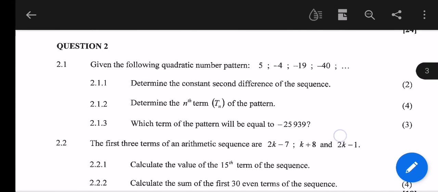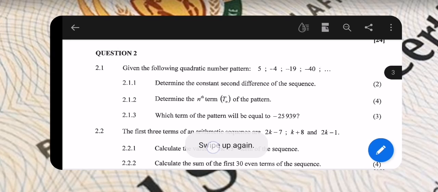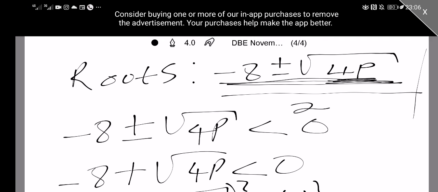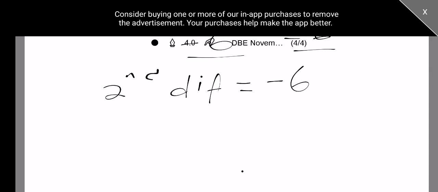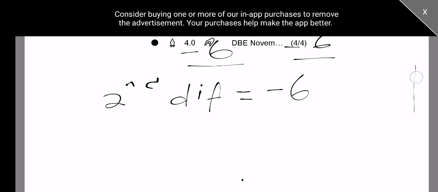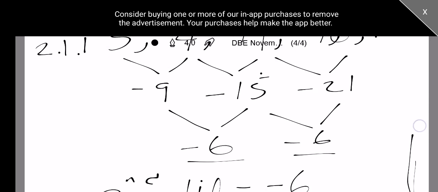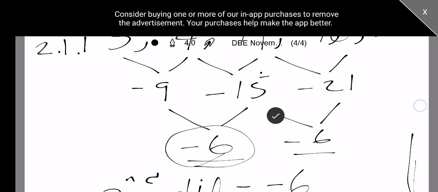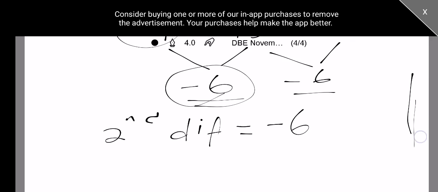The next question, determine the nth term Tn of the pattern. This is a second difference sequence. Let's memorize these values because we're going to need them on the next page: 5, -9, and -6.